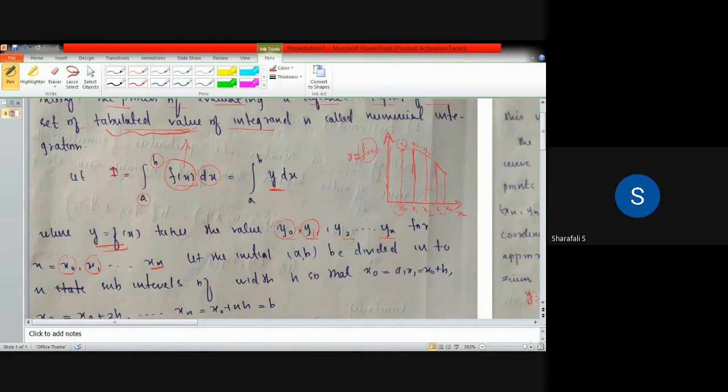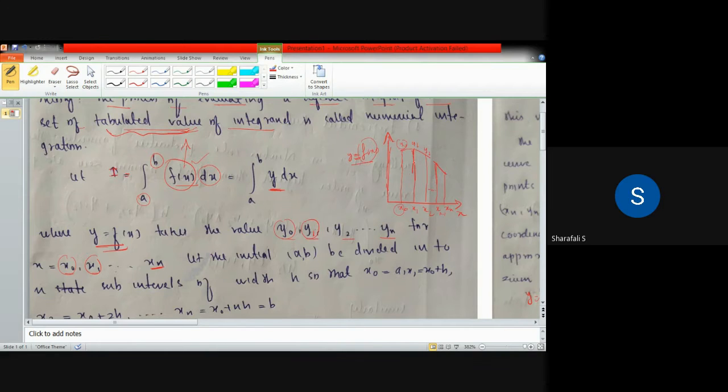For example, if you have a very complicated function to integrate from a to b, and it is very difficult to integrate analytically, then in such cases you can use these numerical methods and easily get an approximate result within that range. That is how it is useful in real situations.